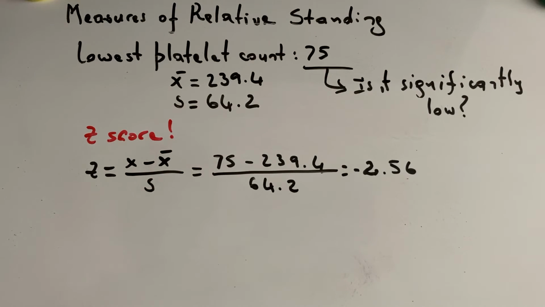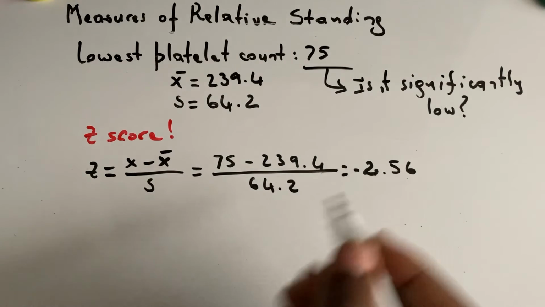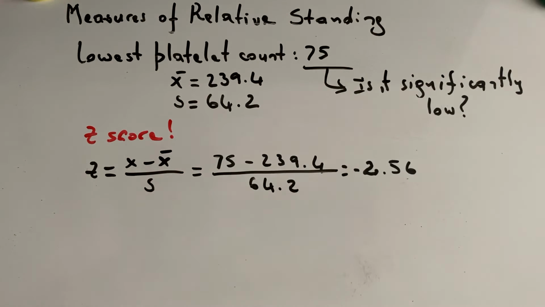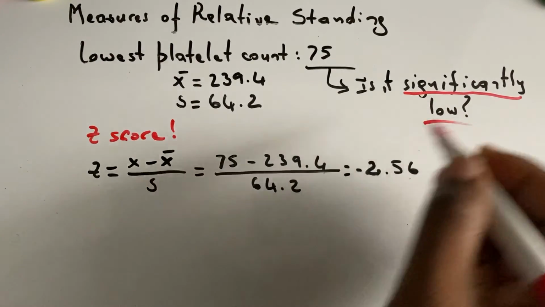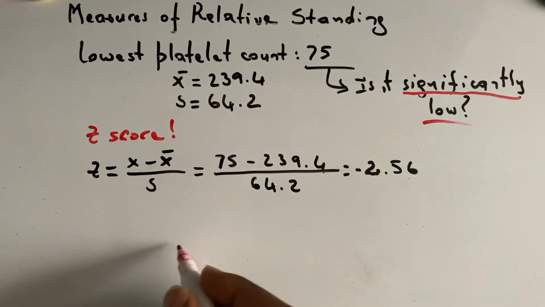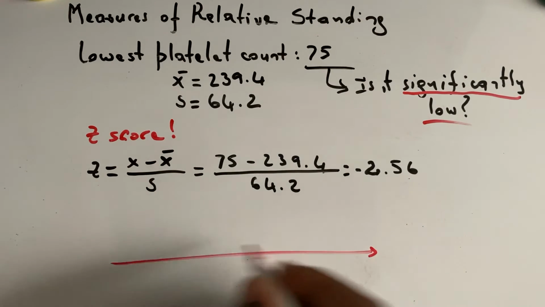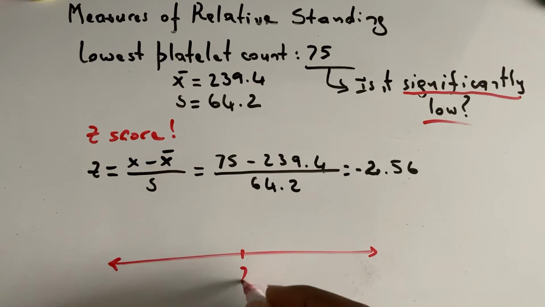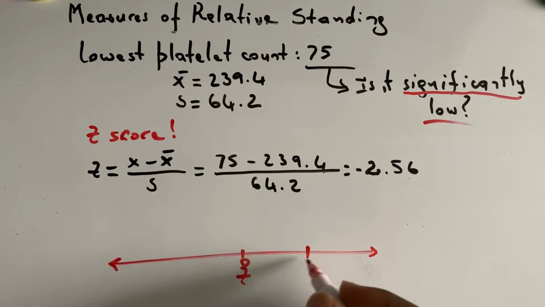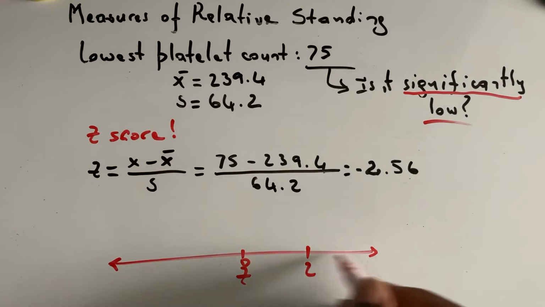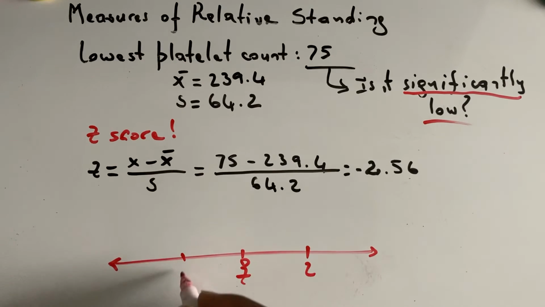Now, what can you conclude? Remember what you need to check: whether the value is significantly low or not. If the z-score is here at 0, the borderline is positive 2 for significantly high values and negative 2 for significantly low values.